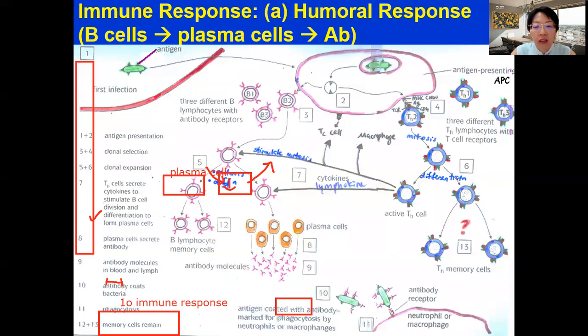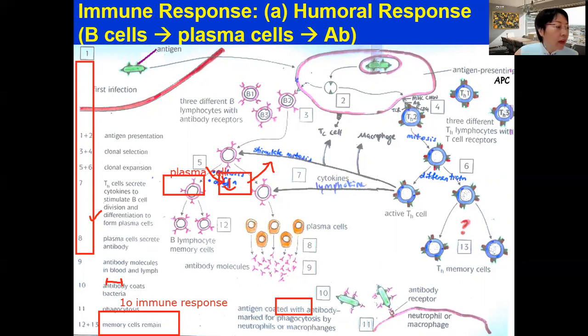Is it the B cells? No. B cells don't remove antibody lah. Look at the diagram, tell me who will remove antibody from our circulation that you cannot detect anymore. Open to the floor.